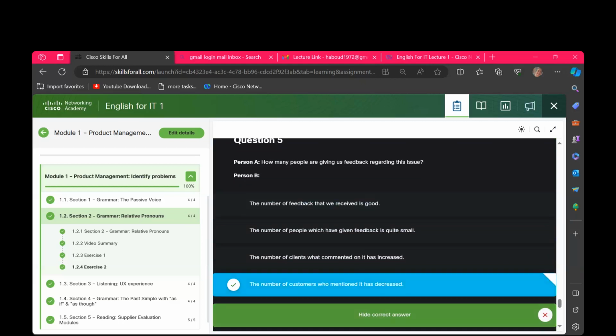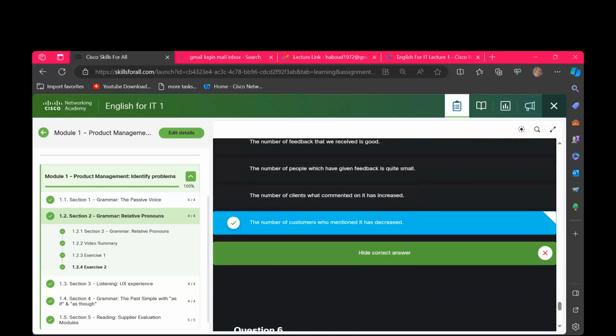The number of customers who mentioned it has decreased. فاكرين لما سمعنا في listening عدد الكاستمرز who mentioned it has decreased قل.